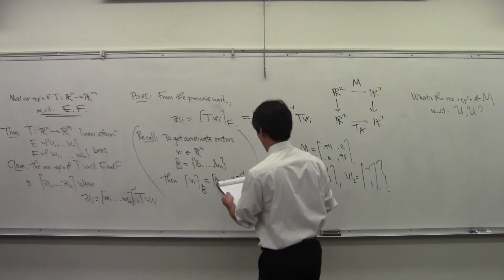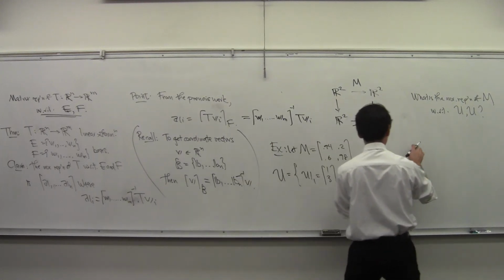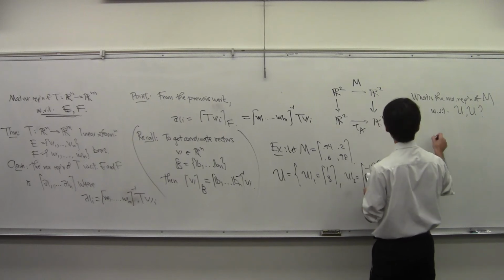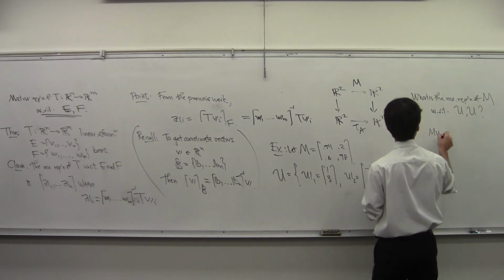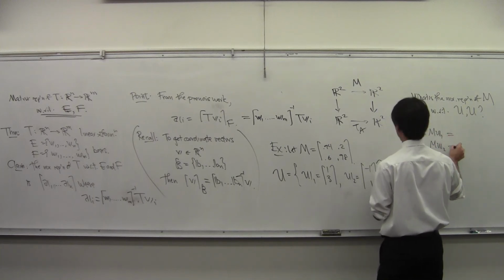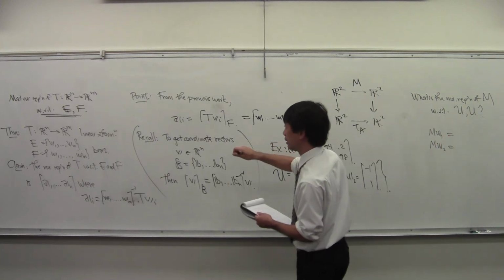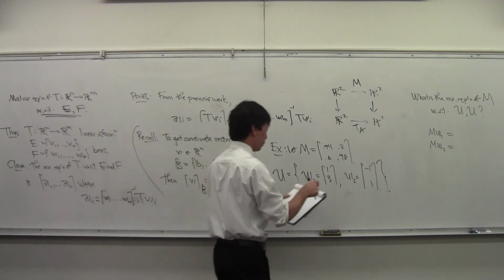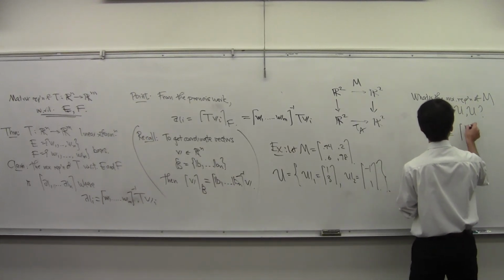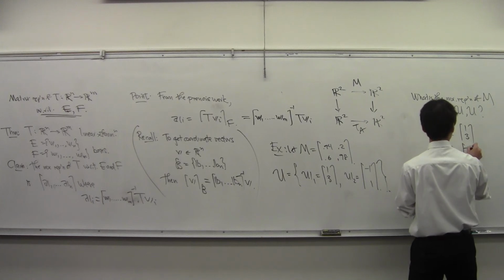Well, you take M of U1 and M of U2. M of U1 and M of U2 are (1, 3) and (-0.92, 0.92).